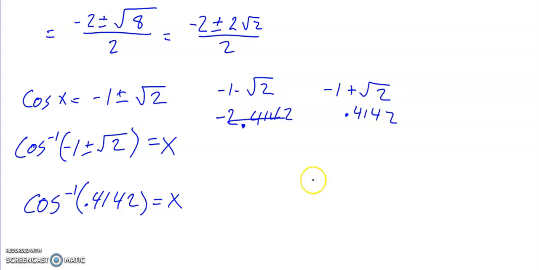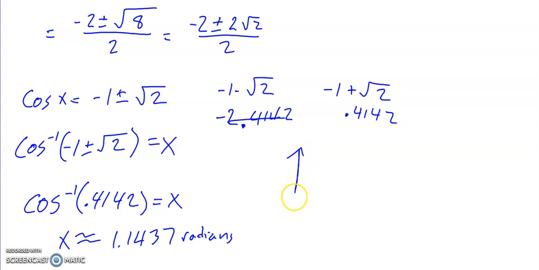I am going to put that into my calculator because I don't know the exact value, and we are going to find out that x is about 1.1437 radians. Now, cosine is positive in quadrant 1 and quadrant 2, and 1.1437 radians is in this quadrant.